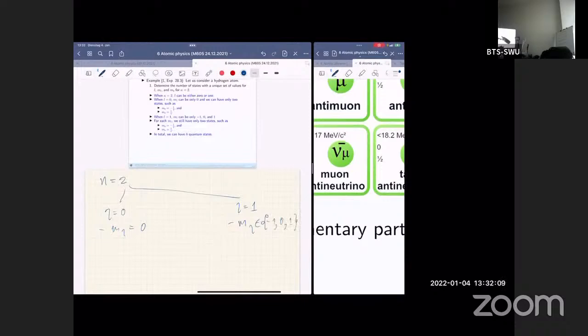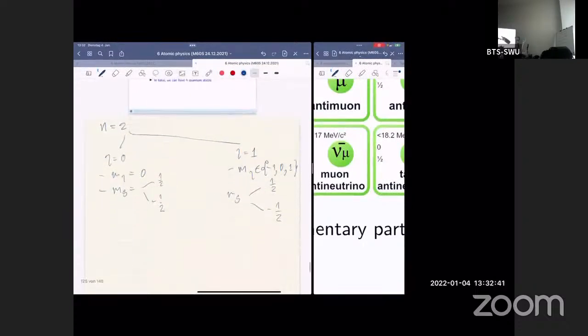And MS is the possible value for the new quantum number, which is the spin number, right? MS could be 2 things, 1/2 and -1/2. And this also is valid for the case here. So you could have 1/2 and -1/2.